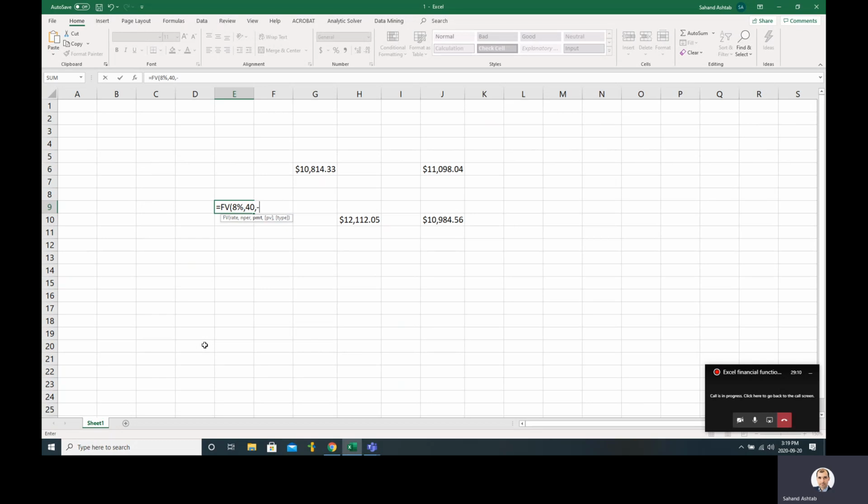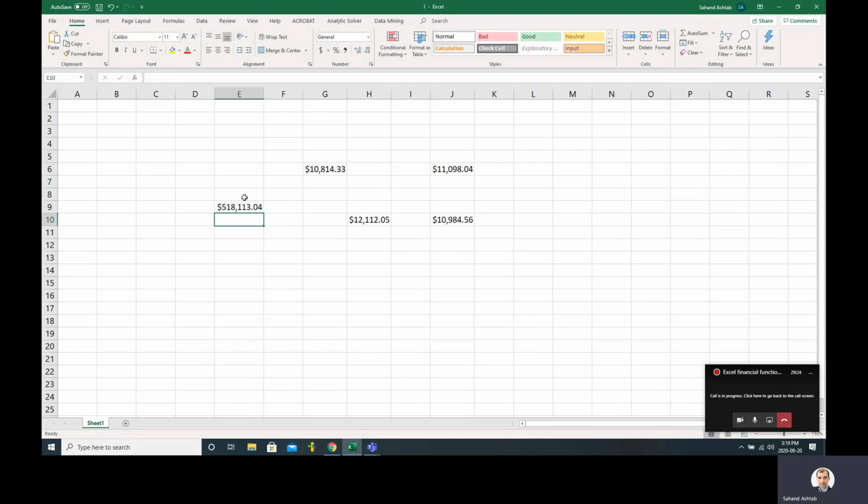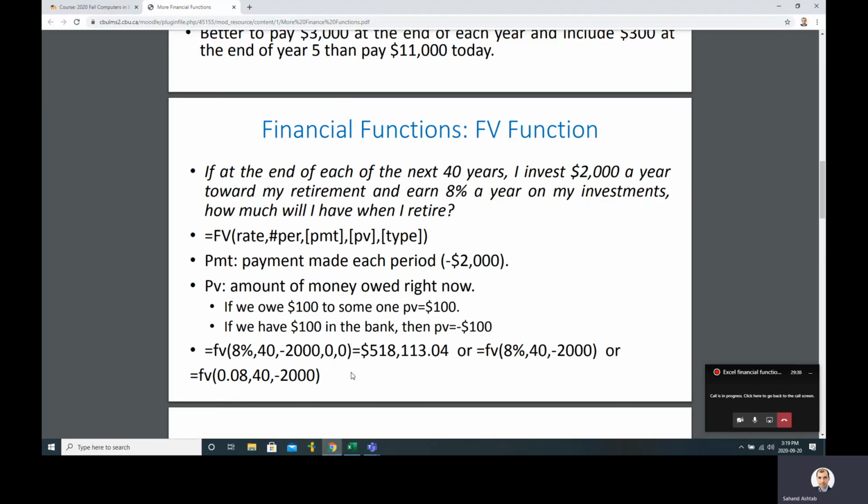Yes, it's an investment, but you're making a payment, so you're paying $2,000 to that account. PV is 0 and type is also 0 because those payments are being made at the end of each year. Close parentheses, and you have 518,113. As you see, it becomes a significant amount after 40 years.